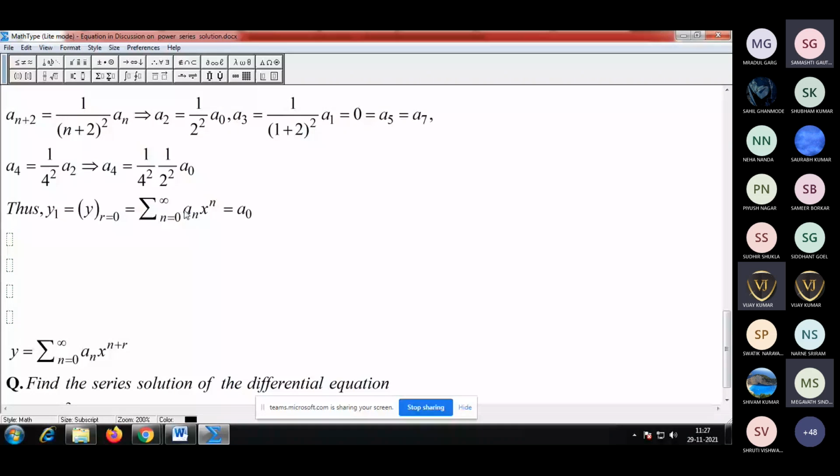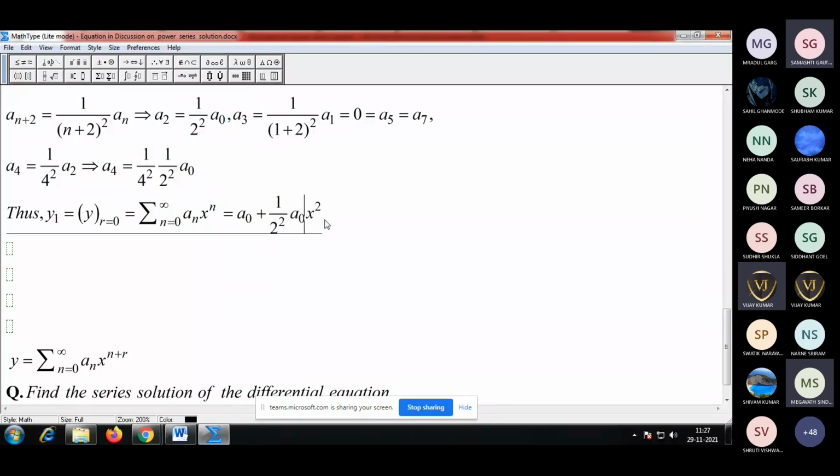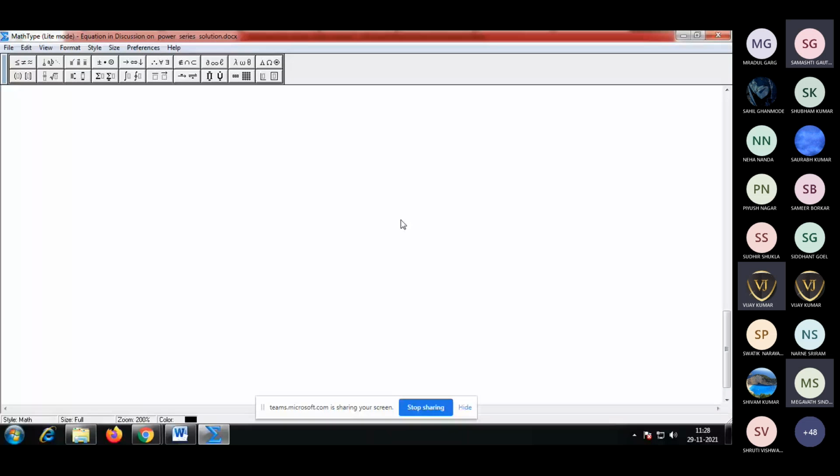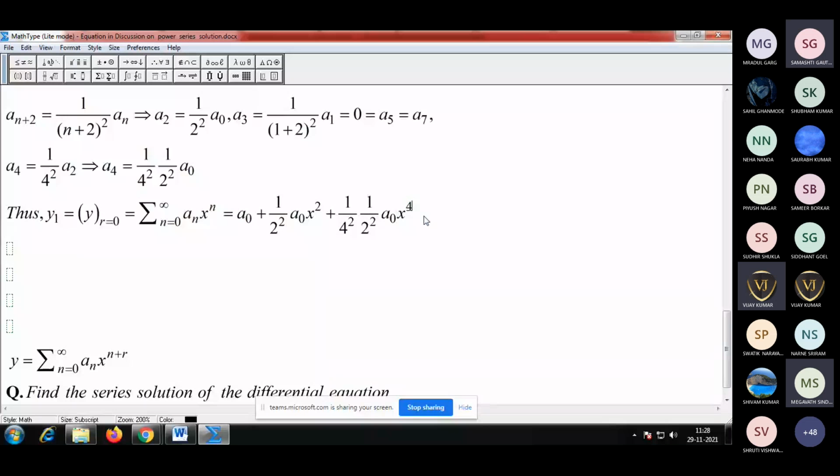Then a2. So plus a2x square, and the value of a2 is, you all know that, this one. Then a3 is 0. Then plus a4. So value of a4 is this one, then x to the power 4, and plus so on.